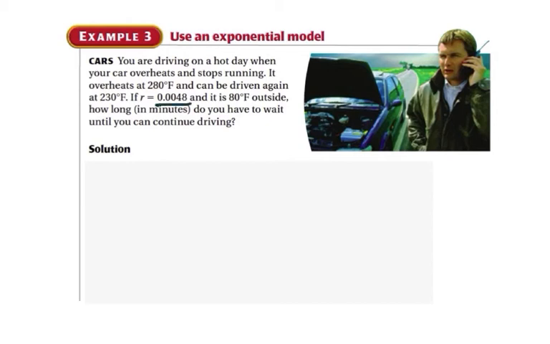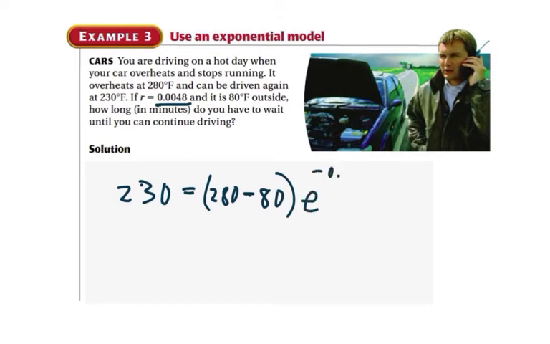So by plugging into the equation, we want to know when it is going to be 230 degrees, when it's 280 degrees now, minus the 80 degree current room temperature, times e to the negative 0.0048 t, t is in minutes, plus the room temperature, which is 80.